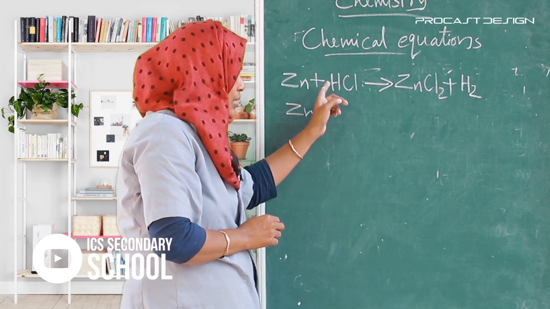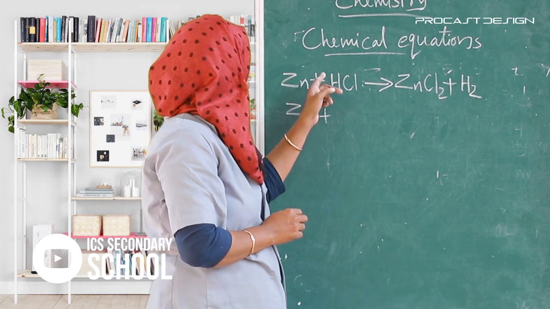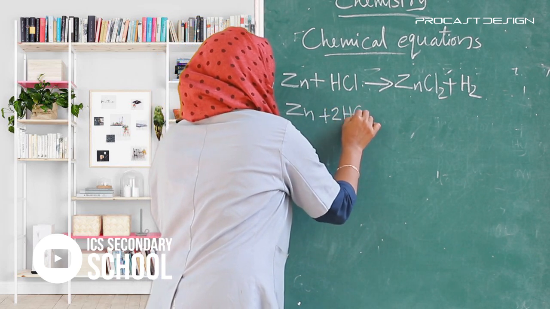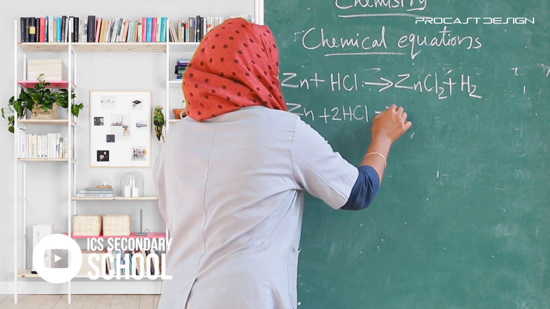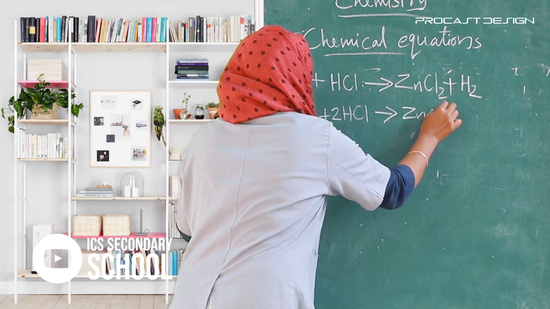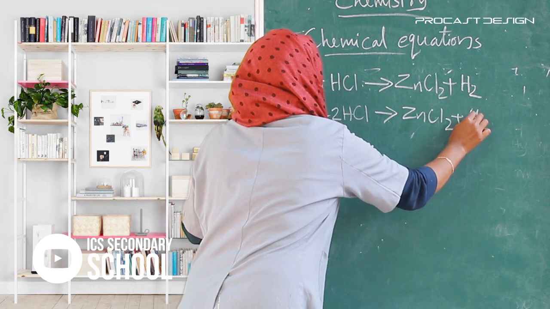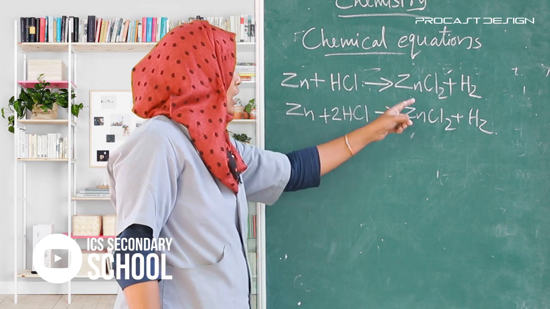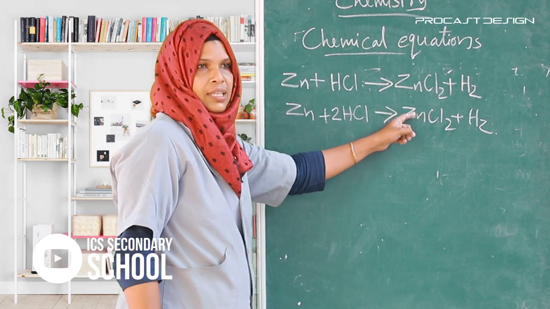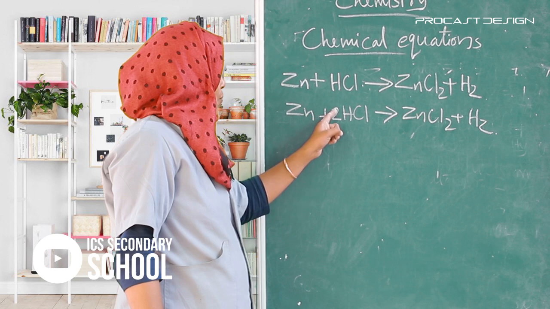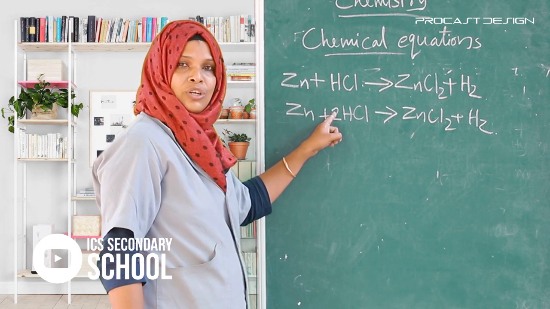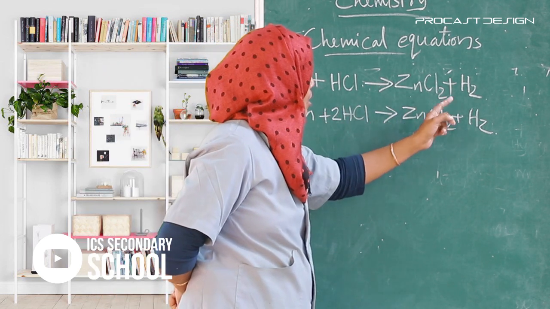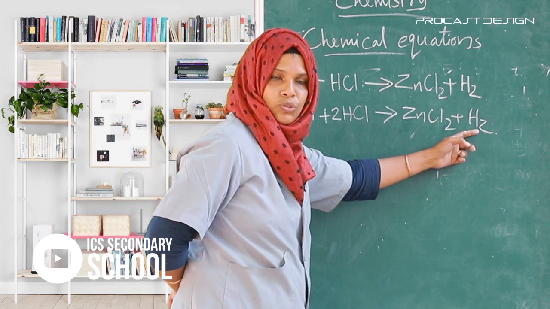We can change this number by putting 2 on the left side: 2 HCl gives ZnCl2 plus H2. Then look here, the number of zinc atoms on the reactant and product side is 1. Then hydrogen: the number of hydrogen atoms is 2 on the reactant side, and here also the number of hydrogen atoms is 2.